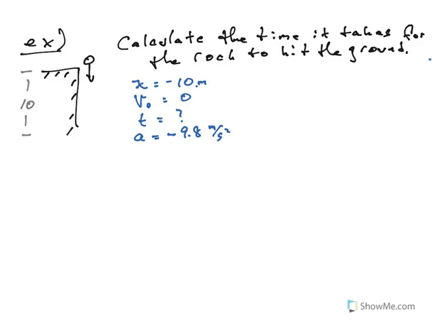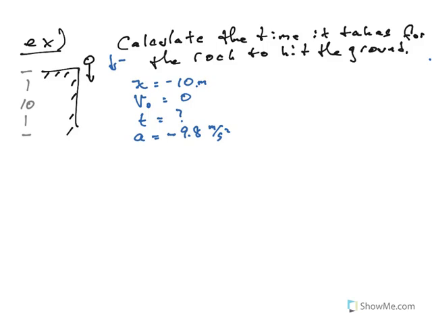Okay, so right here I'm saying let downward be the negative direction. That's how I'm going to solve this problem. We went over last time that you can do a trick where, if everything is moving in the downward direction, you could call the downward direction positive. But just so I don't confuse anybody, we're going to stick with the rule that downward means negative. So the rock falls 10, so it's negative 10 meters. The acceleration is downwards 9.8, so it's negative 9.8.